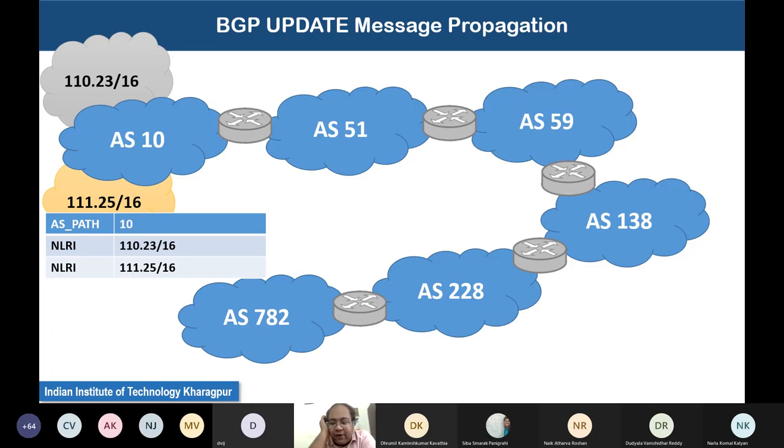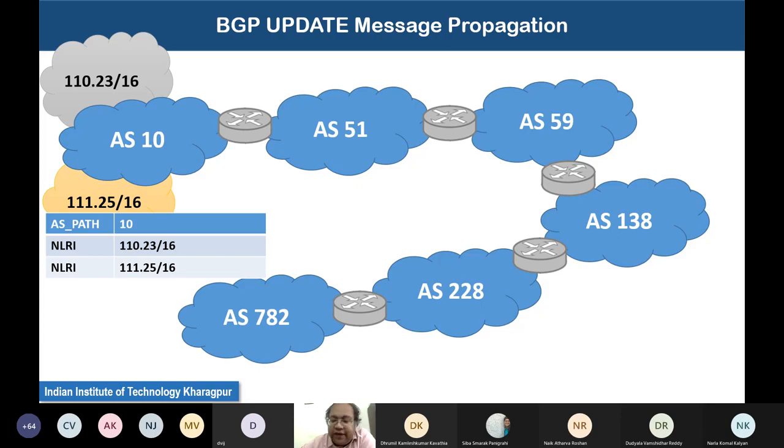So I have a network of autonomous systems. AS10 is connected to AS51, AS59, AS138, AS228 and AS780. Now say the subnet 110.23/16 is connected with AS10, and 115.25/16 is also connected with AS10.